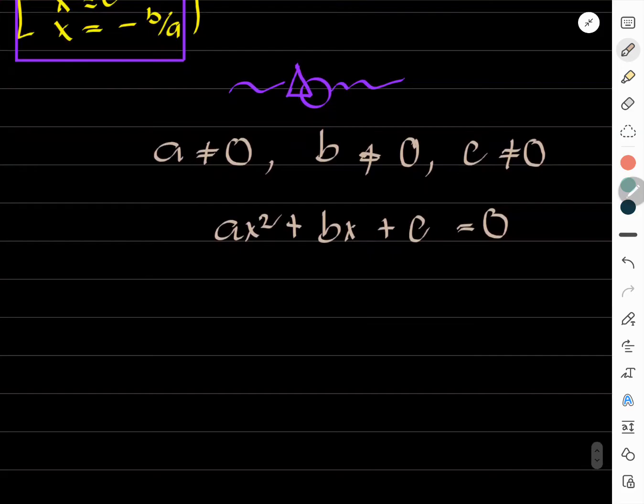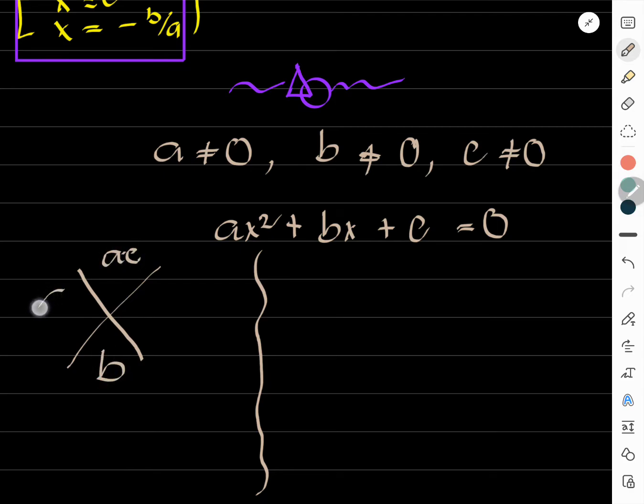There are a couple of ways to do it. The way we teach students here, I will show two ways. Way number 1, we do the x thing. This up here will be a times c, and this will be b, and we find two numbers that work for that. After we find the two numbers, make sure you divide by a, and the answer will give us a in the front.